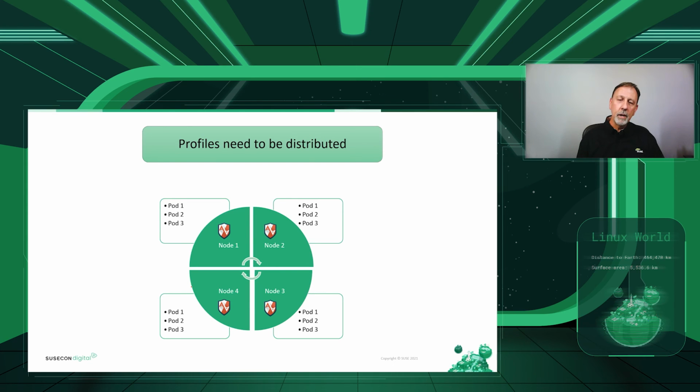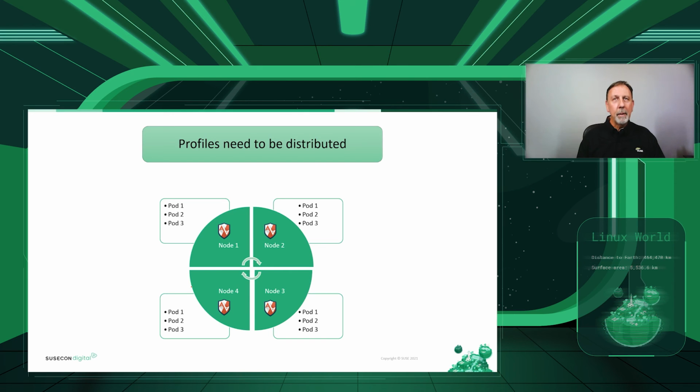But the important thing to note is that, first of all, you're usually dealing with a cluster, and because the pods, which are the applications, can run on different nodes of the cluster, you're going to need to copy those application profiles to all the nodes in the cluster. So that's step number one. Every node needs to have a copy of all the profiles.